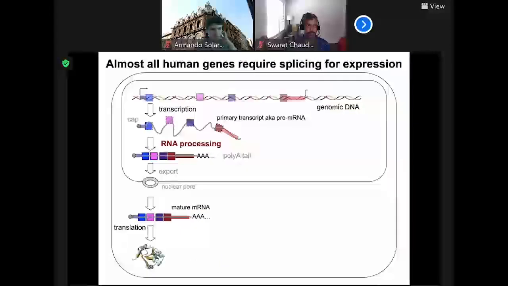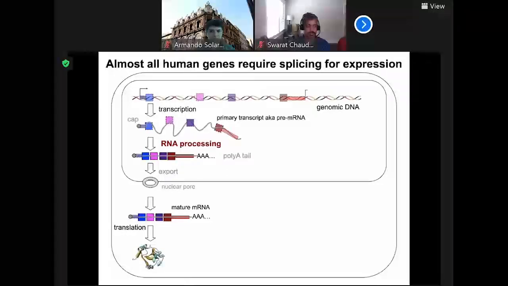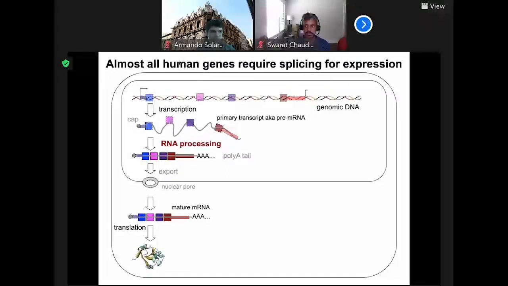We've learned from deep sequencing in the past few years that almost all human genes undergo alternative splicing, so there's lots and lots of splicing. Almost all genes must undergo splicing in order to produce the correct mRNA.